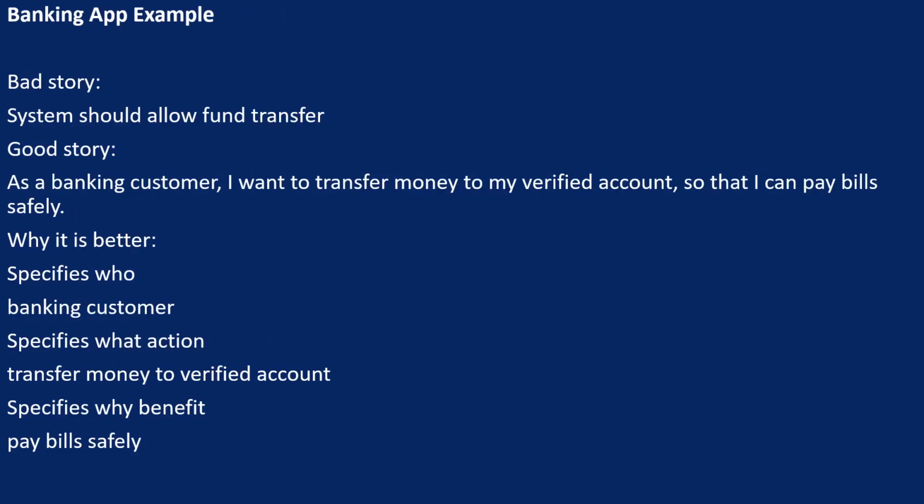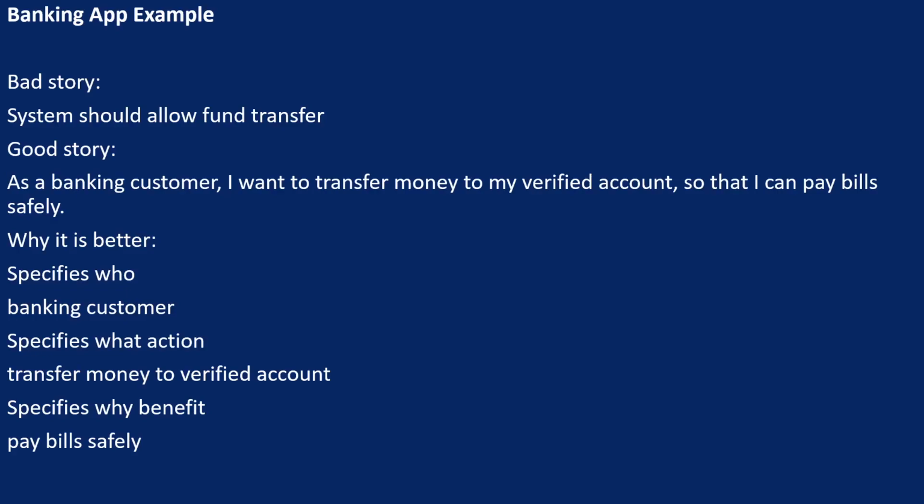Fine. Now I will take one real example of a banking app. The bad user story would be "the system should allow fund transfer." The good story would be: as a banking customer, I want to transfer money to my verified account so that I can pay bills safely.